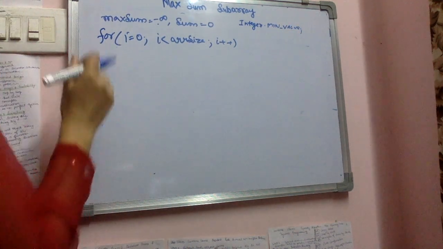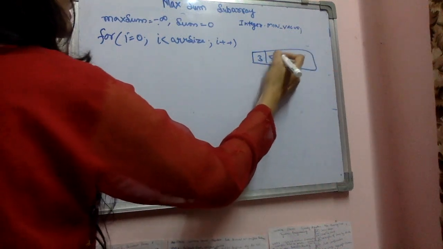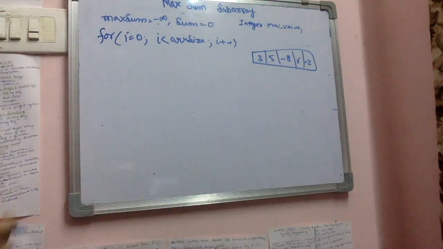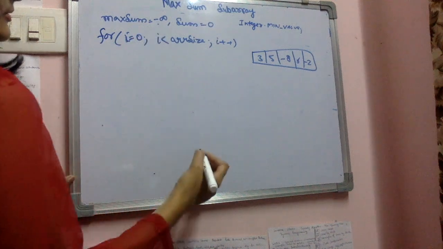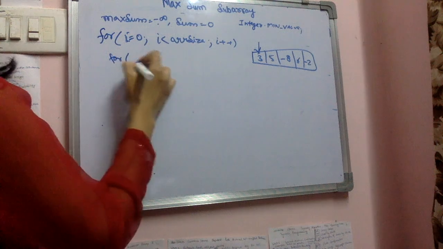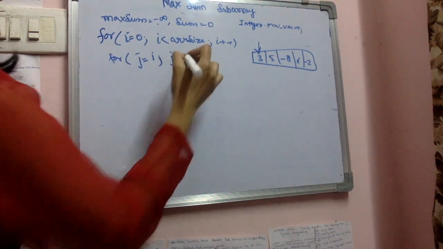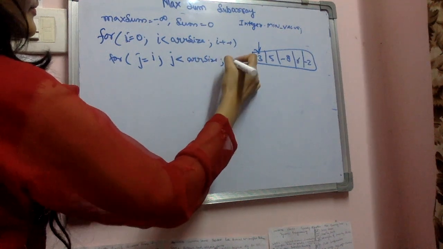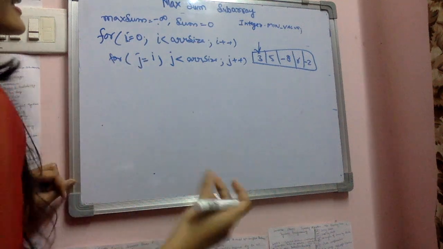Now we will take one more loop. Let's take one example side by side. This loop is going to choose our first element, and now there will be one more loop which will start from i and go till the array size. This is going to select the last element of the subarray.